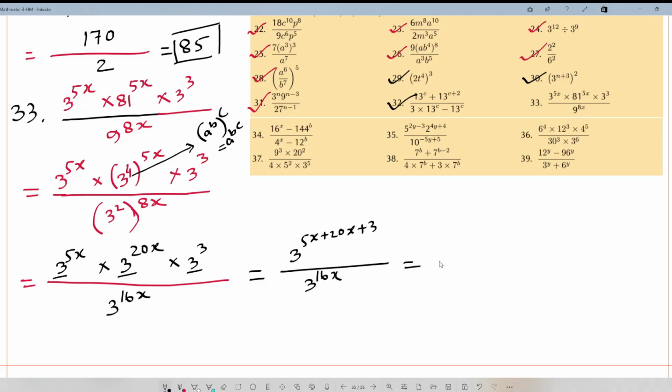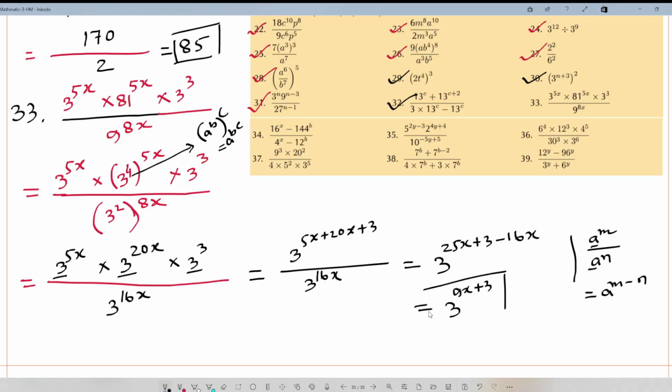So 5x plus 20x means 25x plus 3, and this one minus 16x. Why? Because we know a to the power m divided by a to the power n equals a to the power m minus n. Once bases are the same, in division powers will be subtracted. So here is 25x minus 16x, which means 9x, plus 3. This is our answer.